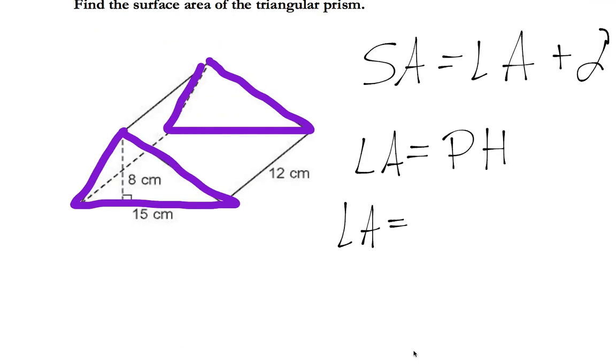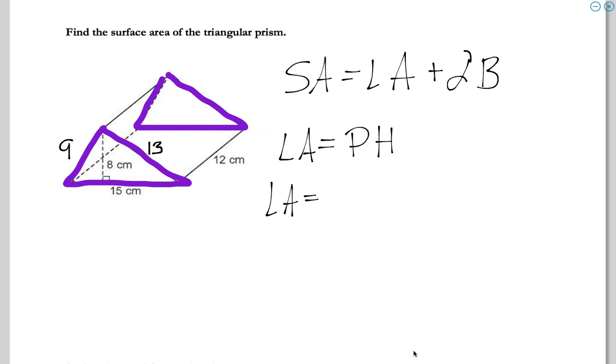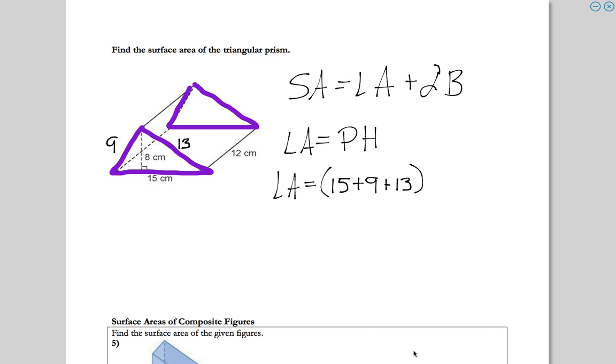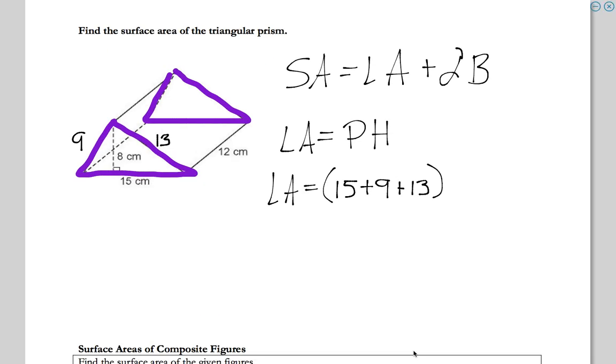Let's go with 15, 9, and 13. So the perimeter is 15 plus 9 plus 13. The height is 12.